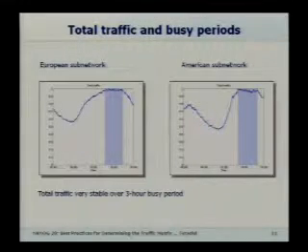This is a graph I think everybody is very familiar with from the networks I have seen. If you have a lot of aggregated traffic from your customers, you basically see a very nice daily cycle with a minimum somewhere in the night and a peak somewhere, I think, noon, late afternoon, early evening.